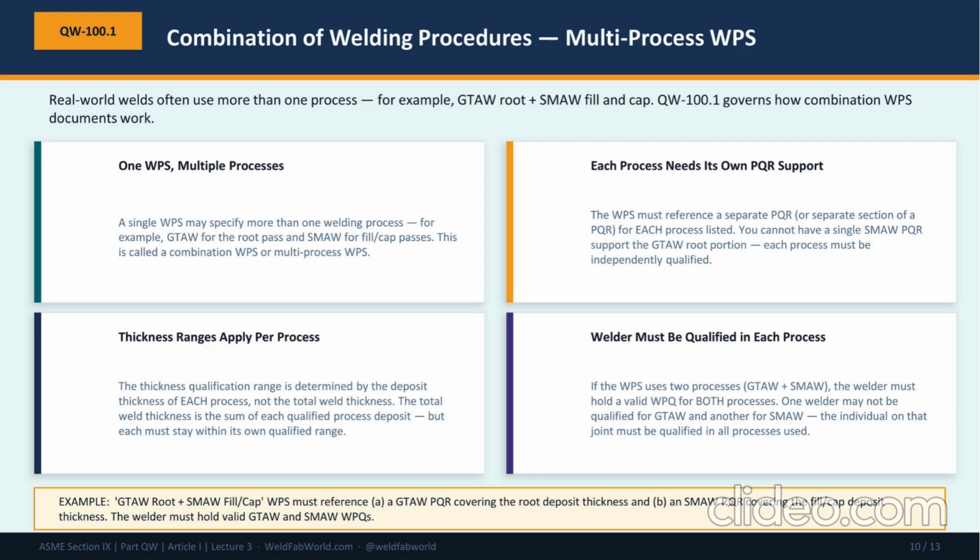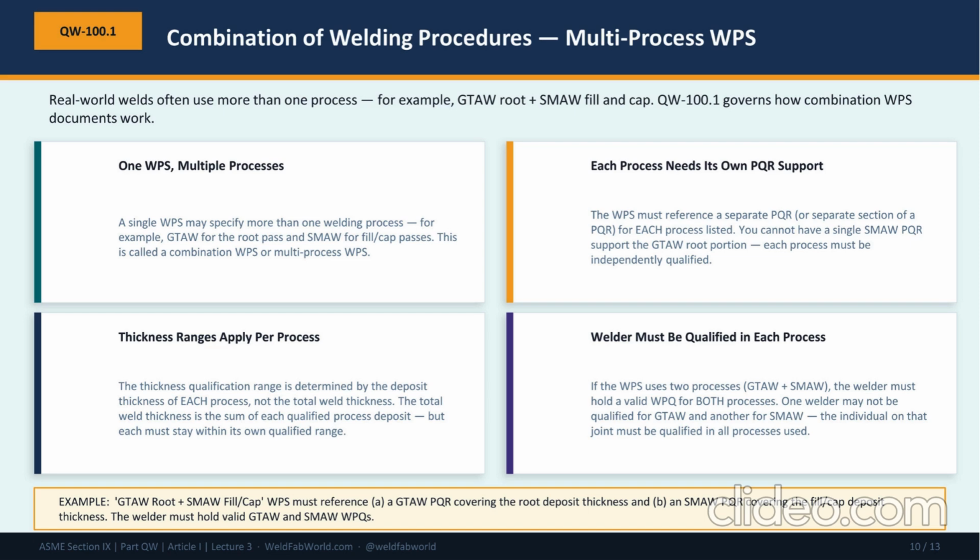Rule 2. Each process needs its own PQR support. Here is where people make mistakes. The WPS lists 2 processes, but the PQR that supports the GTAW section must be a GTAW PQR. The PQR that supports the SMAW section must be an SMAW PQR. You cannot have a single SMAW PQR support the GTAW root portion.